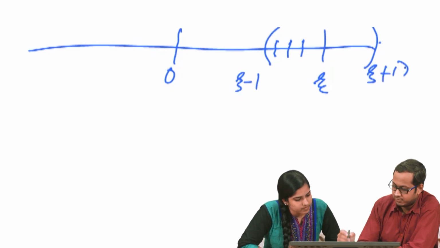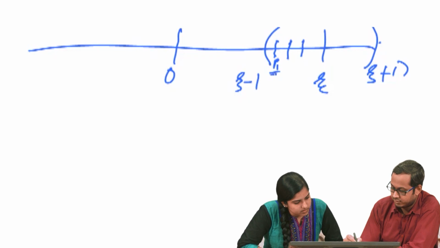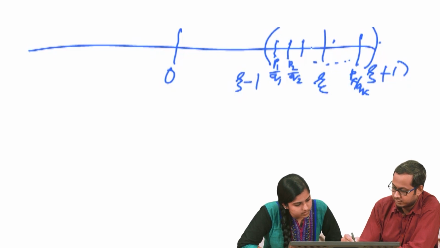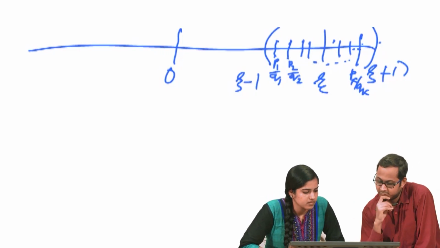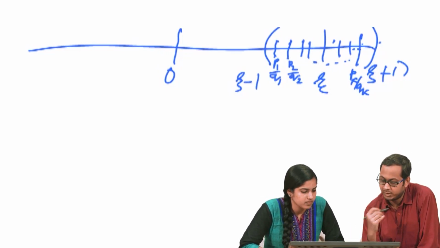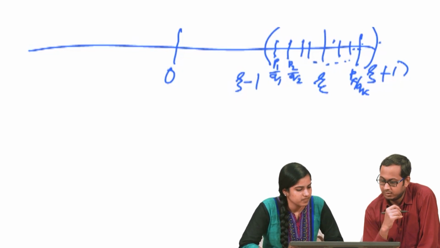And say these are my points P1 by Q1, P2 by Q2, up to say Pk by Qk. So these are my rational numbers for which 1 by qj is greater than epsilon.